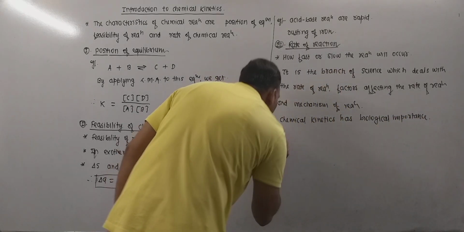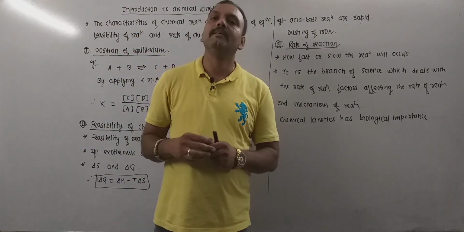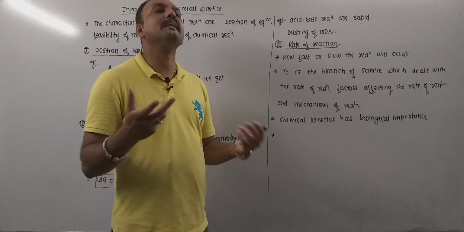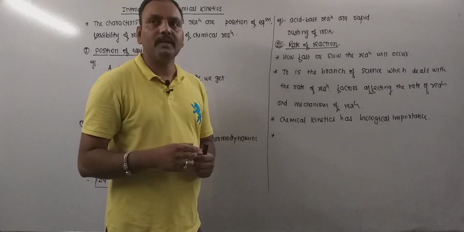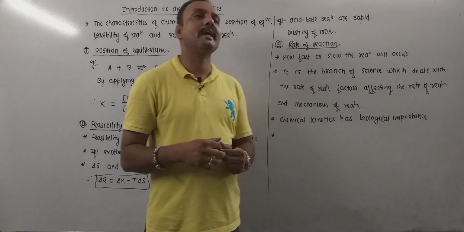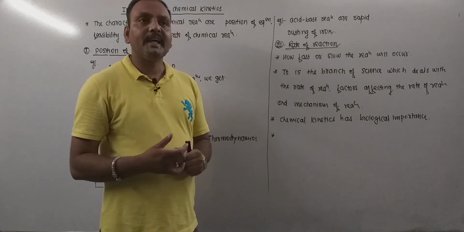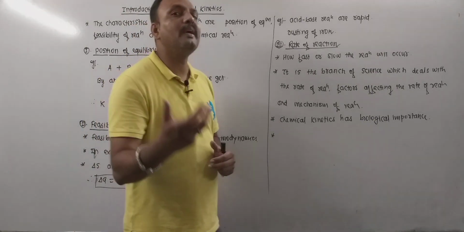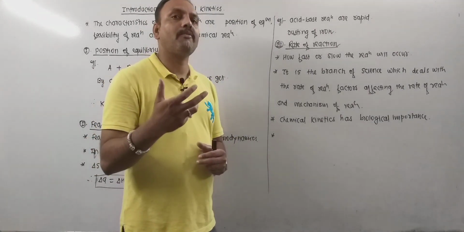and rather than this, it has industrial importance also. Remember, in a factory or in any industry, a certain chemical is produced. A number of chemical compounds are used by us in day-to-day life. Now the reactions which take place with rapid rate are important for us.